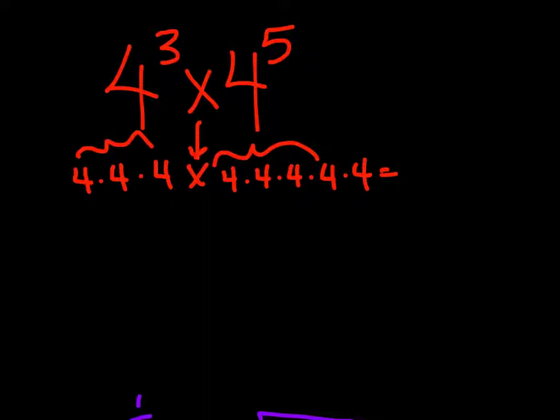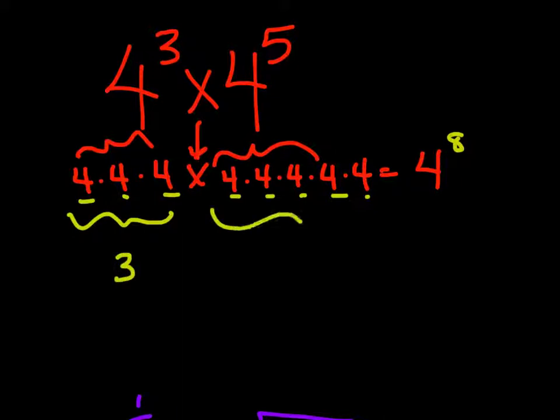In all reality, we could just add up the number of 4s that we have and write it out as our new exponent. So we have 8 4s, so we could rewrite this as 4 to the 8th power. All we're doing is adding up the fact that we have 3 4s here and 5 4s here, so we're adding our exponents and we get that same 4 to the 8th power.